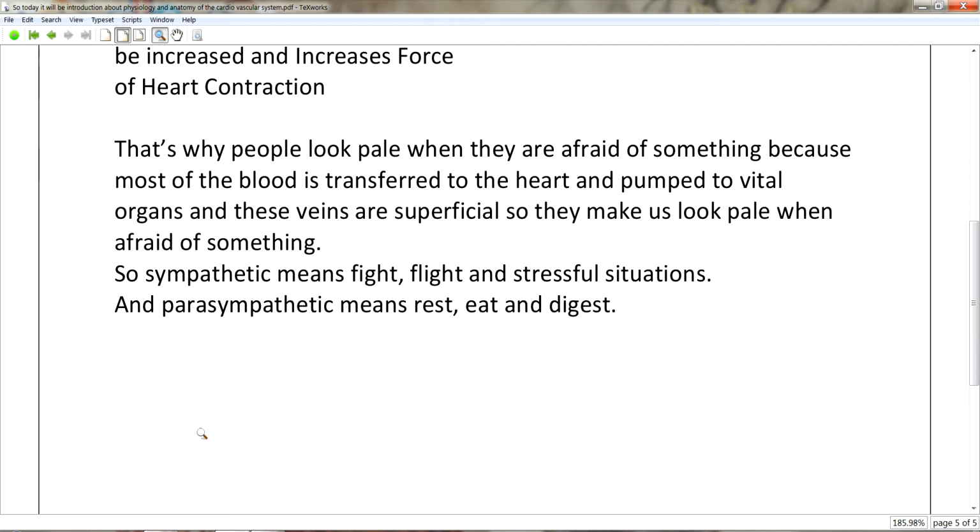In physiology we talk about normal excitability, normal rhythmicity, normal conductivity and normal contractility. In pathophysiology we will talk about abnormal excitability, abnormal rhythmicity, abnormal conductivity and abnormal contractility.